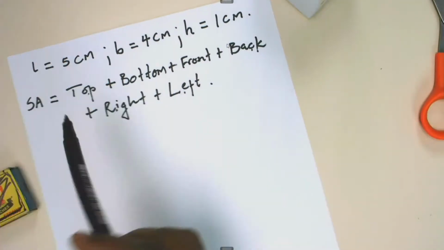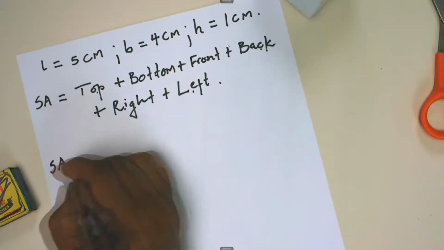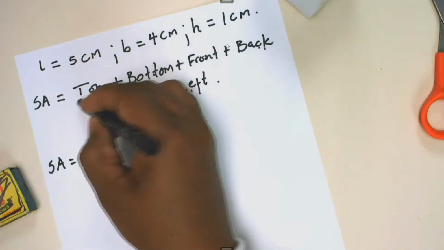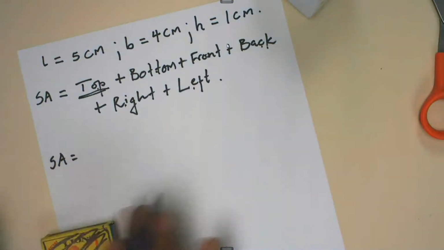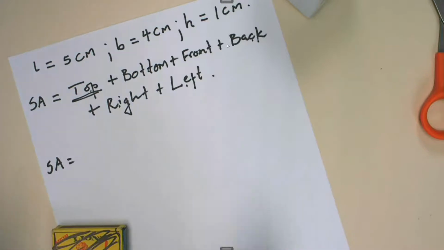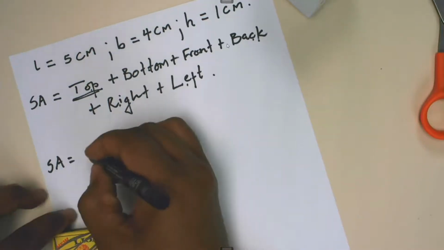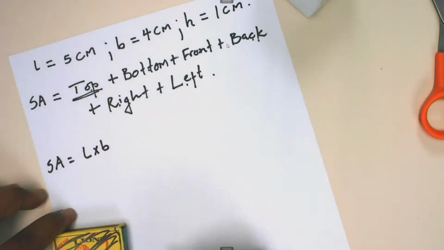Now, let us check the top part. Let us only focus on the top side. Look at the picture in terms of a 2D shape. It is a rectangle. Now, how do we find the area of a rectangle? Surely it is length multiplied by breadth.